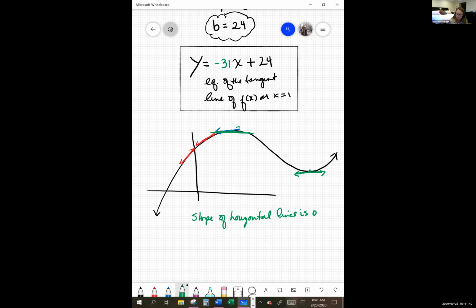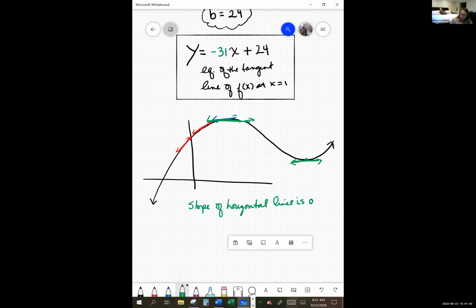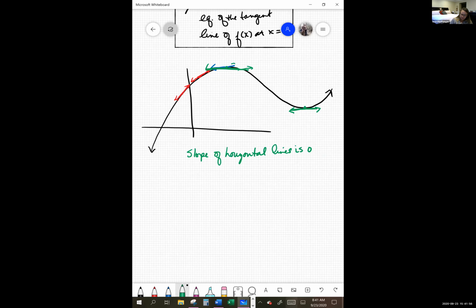So this next question is saying, for each function, find all values of x where the tangent line is horizontal. And that's the reasoning behind why we will want to do that, finding maxes and mins.